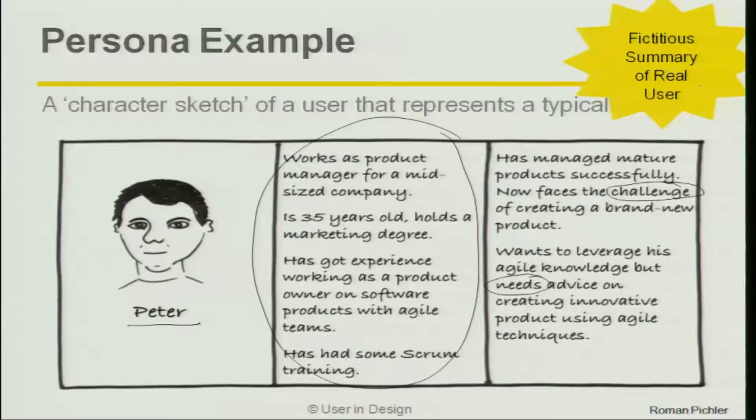It's a fictitious summary. But these things are all real. Things that you have been out in the field, been in interviews, and been in observations and come back with. Okay? This is another persona template, and this has a little more detail, a little more breadth to it.